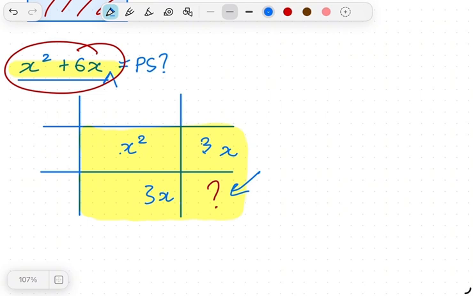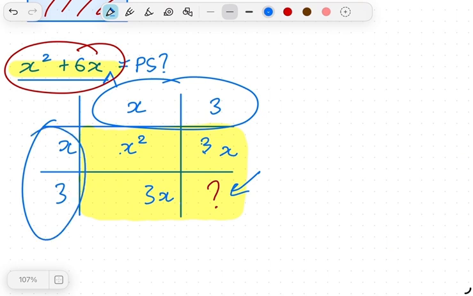Well, let me touch a little bit on that. So take x squared plus 6x for example, and I give you x here, 3 here, and 3 here. Because we know that these two values are equal because it's a square, so they have to be equal.